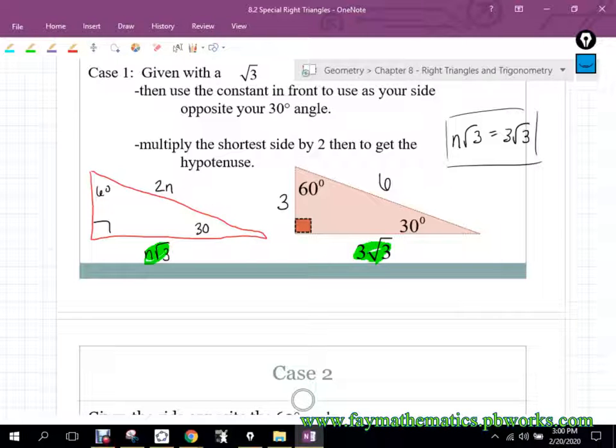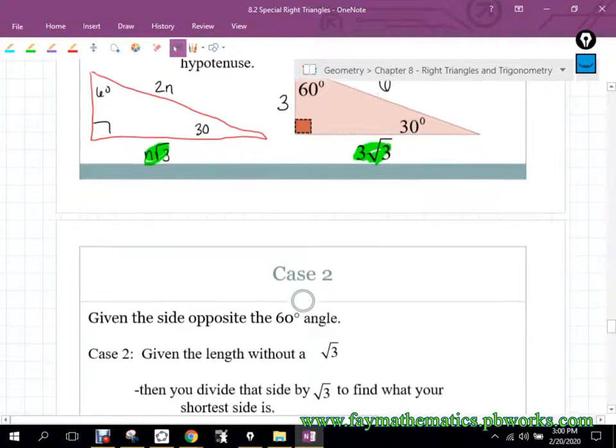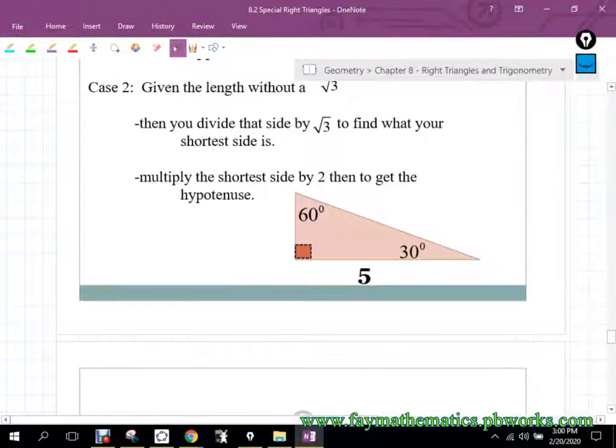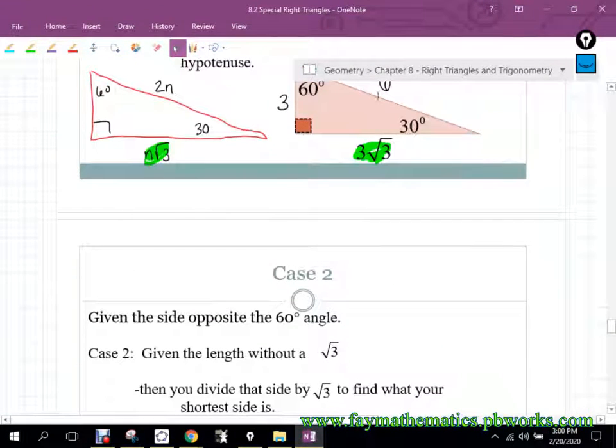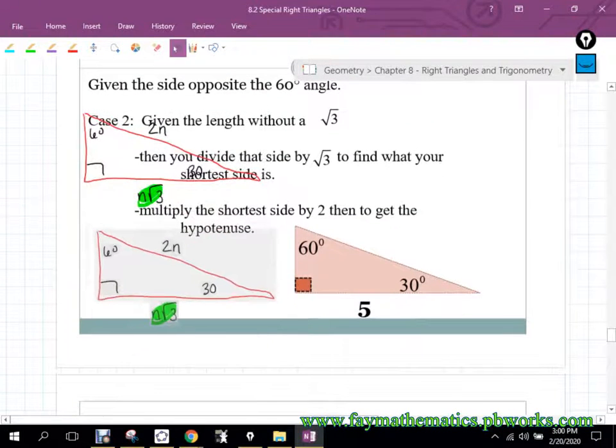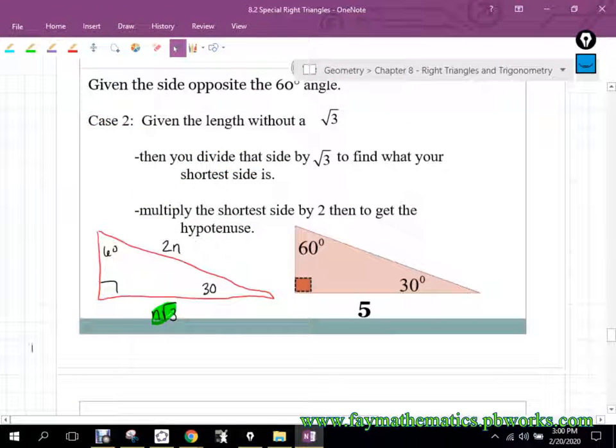Okay. The hardest ones that we usually get are something like this. Let me carry this thing down. Okay. So when I overlap these, you guys see that the n radical 3 and the 5 match up, right? Okay.